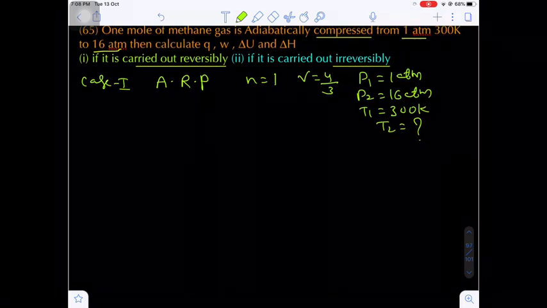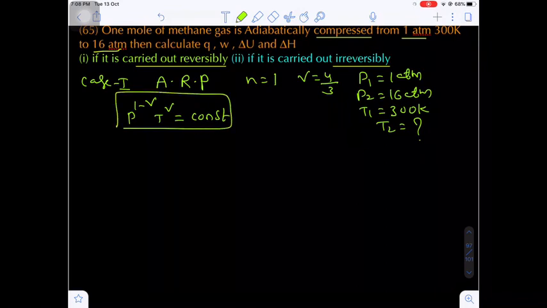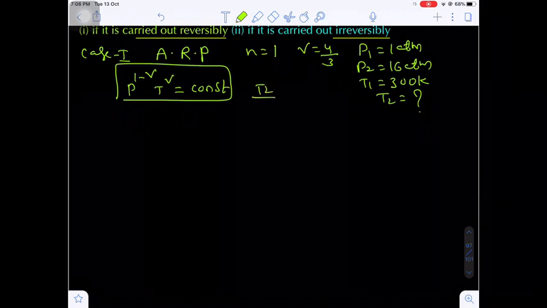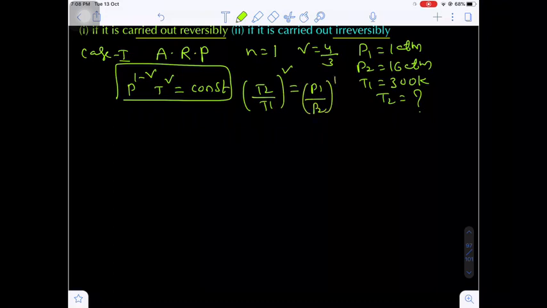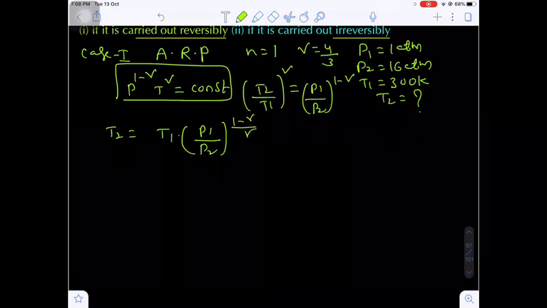Now here the relation between pressure and temperature is P to the power 1 minus gamma, T to the power gamma, equal to constant. So from here, T2 upon T1 to the power gamma will be equal to P1 upon P2 to the power 1 minus gamma. Finally, T2 will be equal to T1 into P1 upon P2 to the power 1 minus gamma upon gamma.